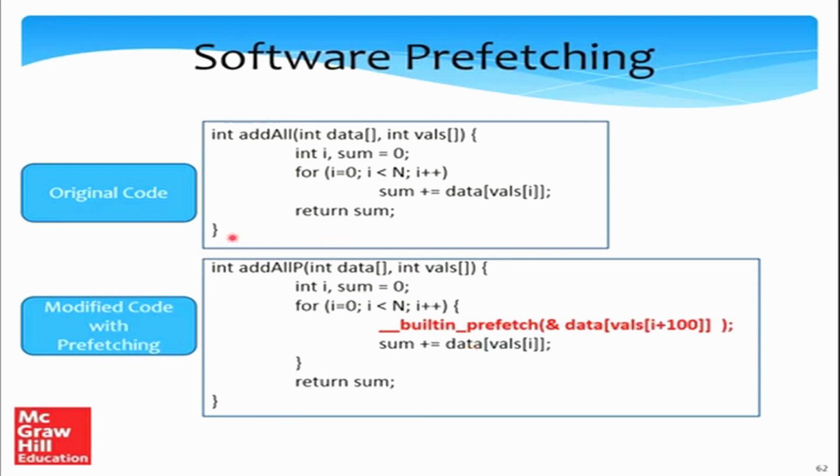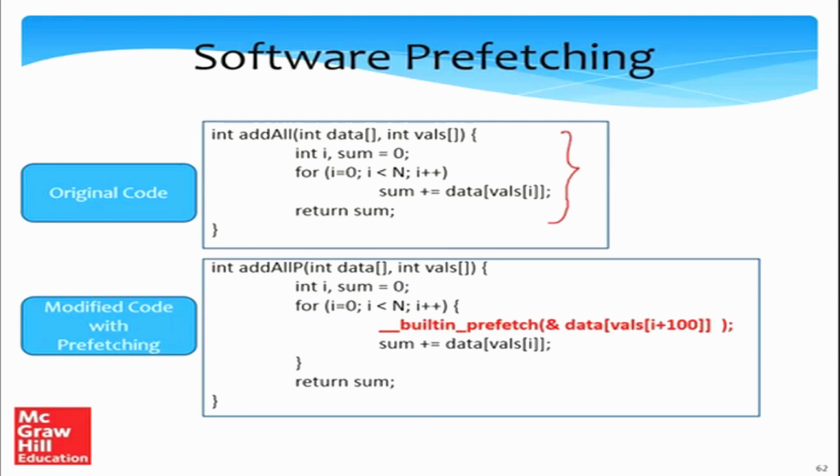We can instead do it in software, and it's very easy. We can augment our C code to fetch things from the memory system in advance, well before we actually use them. Let's take a look at this program.